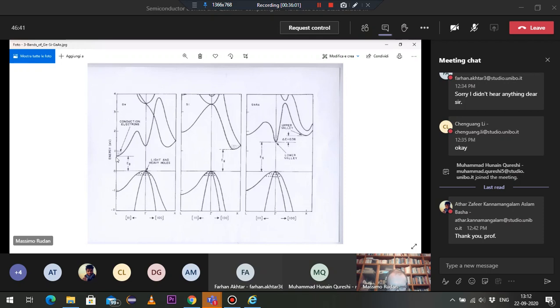That means that only 1/2 of the minimum is inside the Brillouin zone and the other half is outside. So we must count one half of it. So that means that the total minima of the conduction band in germanium is actually 4, not 8, because we should count only the part of the minimum that is inside.